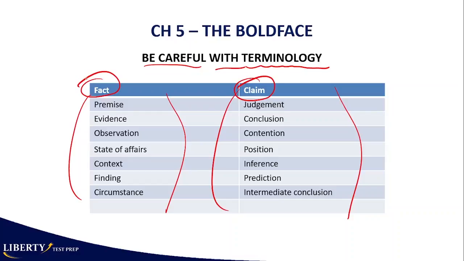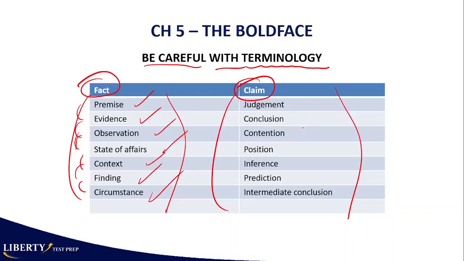In order for us to have a fact, the fact could receive several other types of names, right? They could call it a premise, they could call it evidence, observation, state of affairs, context, finding, circumstance. Those are a lot of synonyms for the same word, which is fact. Of course, there is some minor differences among these ones, but basically they're all facts. They are all true. Those are things that have happened or are true.